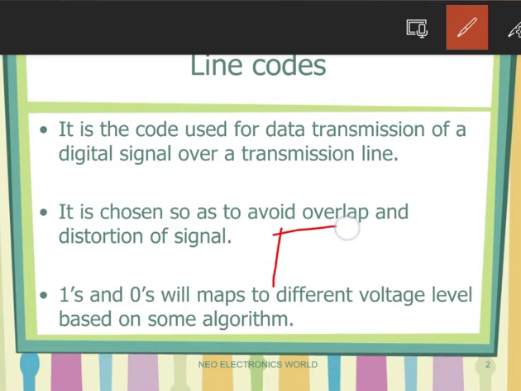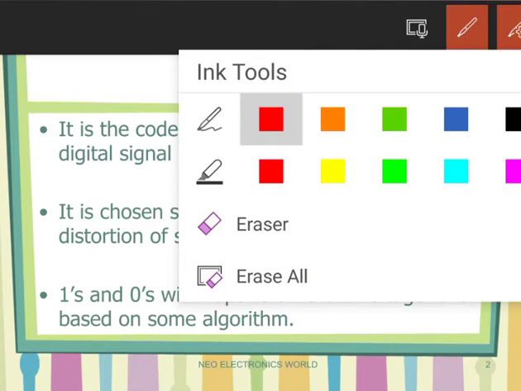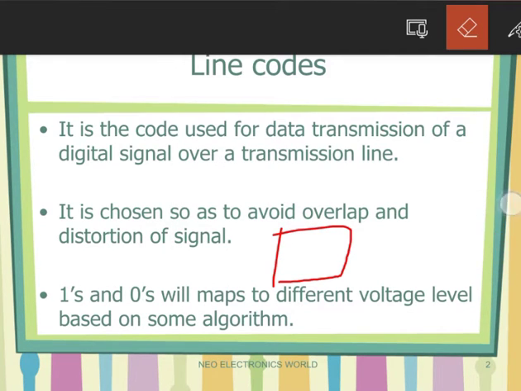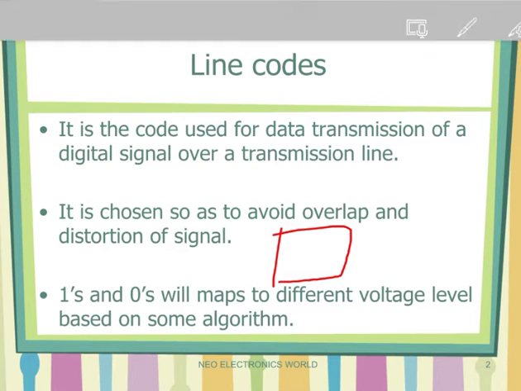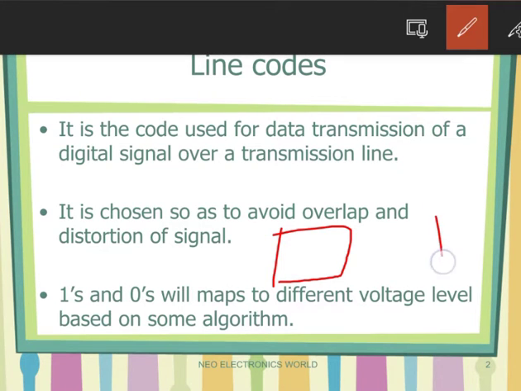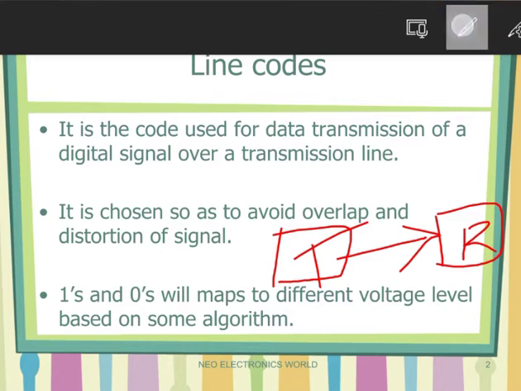A transmission means there will be a transmitter and there will be a receiver. I'll draw this here. This is a transmitter and a receiver part, and the transmitter will be transmitting a signal to the receiver through the channel.